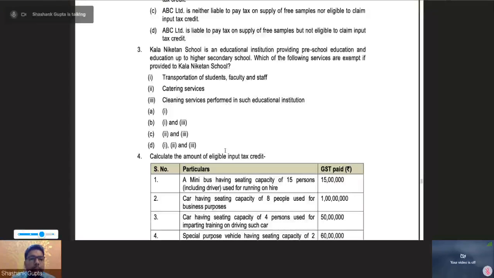So again, this question is relating to the exemptions chapter, and let me brief you that for education up to higher secondary, that is 12th standard, the government has given exemptions with an open heart. That is because there is a dearth, there is scarcity of educational institutions such as schools.